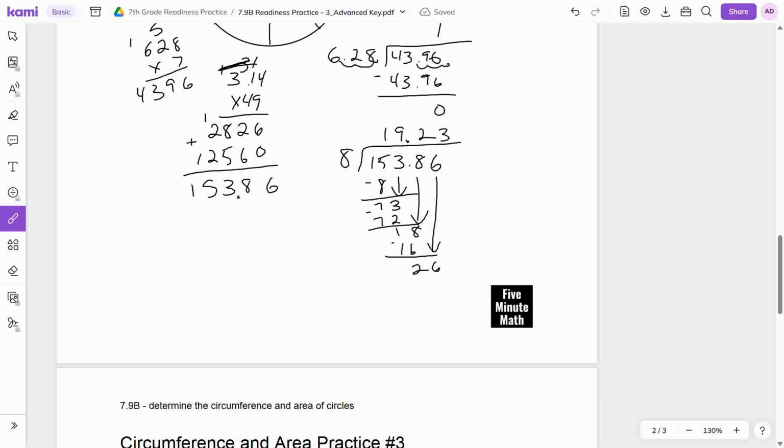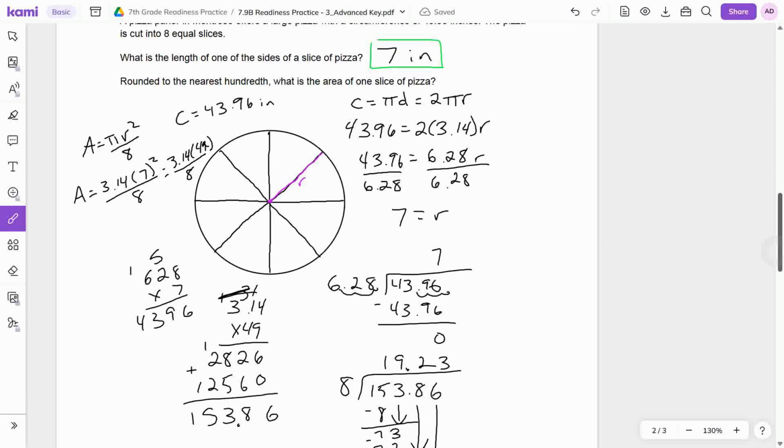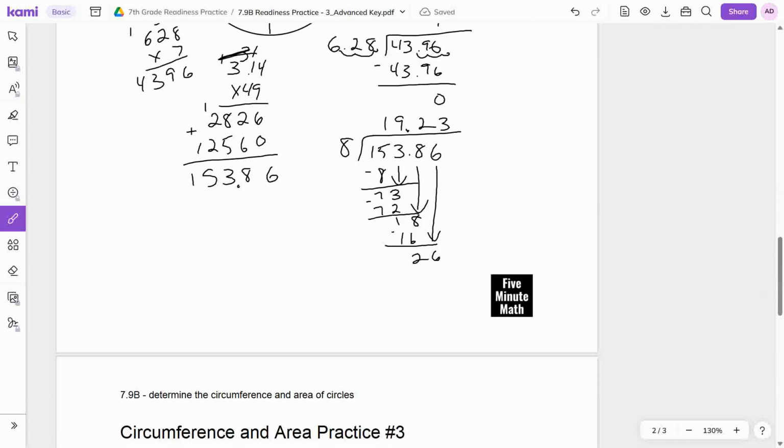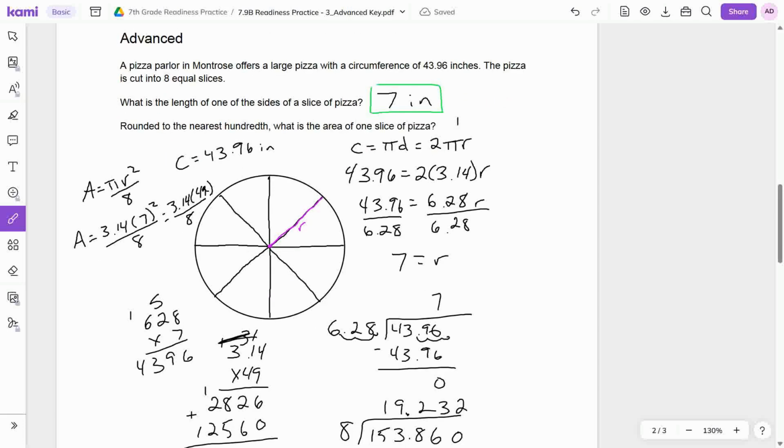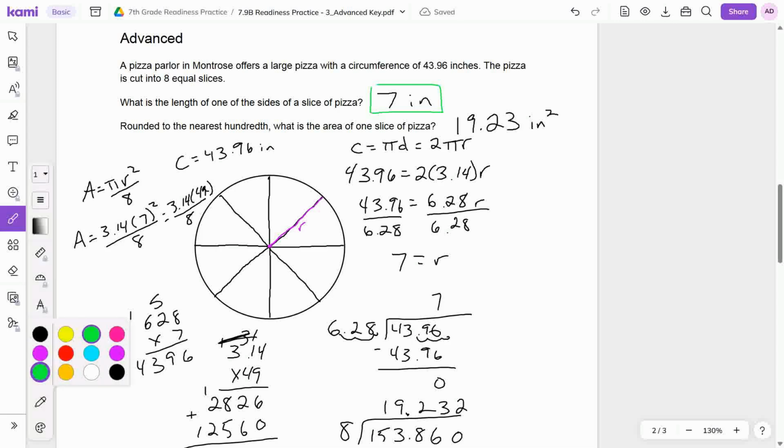I'm rounding to the nearest hundredth, so let me go to the thousandth and see if that 3 is going to change. So that's going to be 24, 20, and a 2. It's going to go on forever, but I can just say that 2 is not going to change that 3. So I can say it's going to be 19.23, and these are square inches, is about the area of one slice of pizza.